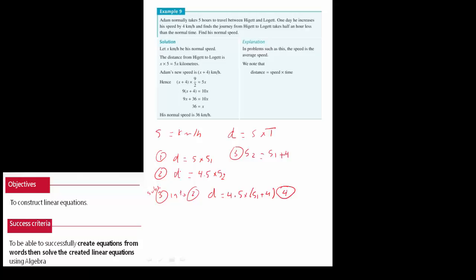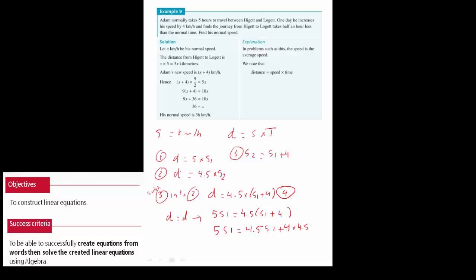Okay, so now we've got, since D is the same distance, so 1 and 4 gives us that 5S1 equals 4.5 times S1 plus 4. So S1 is the normal speed required to be found. So rearranging, we get 5S1 plus expand equals 4.5 S1 plus 4 times 4.5.